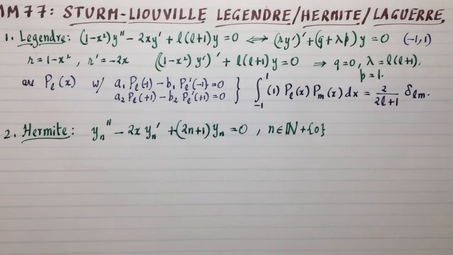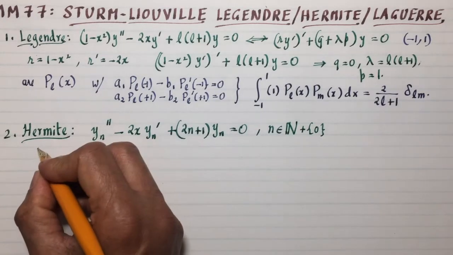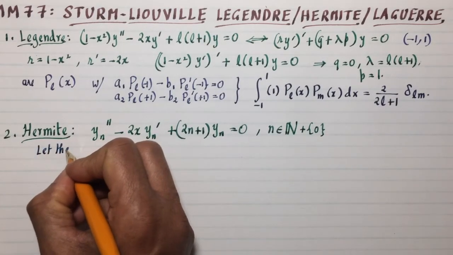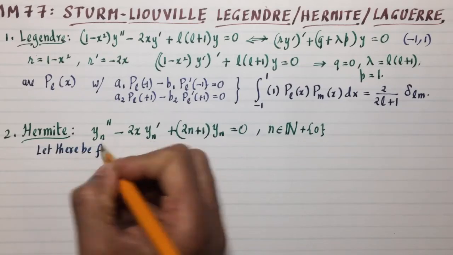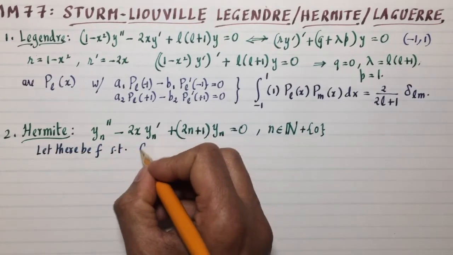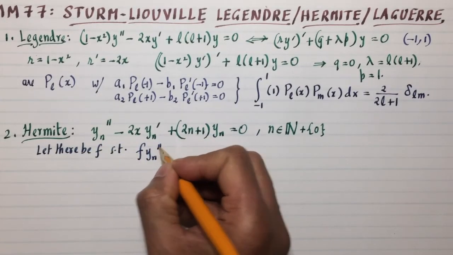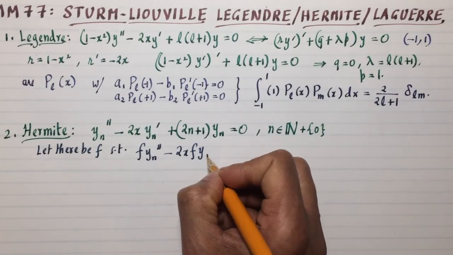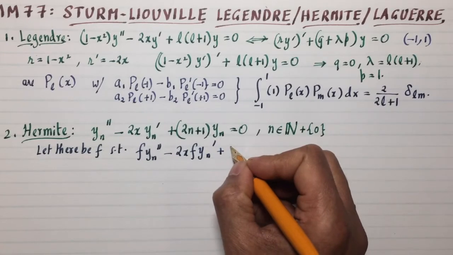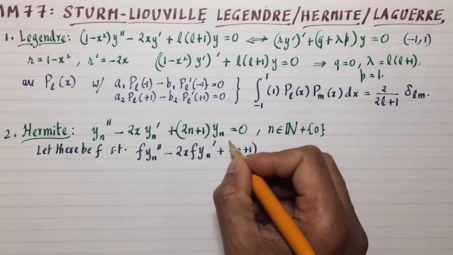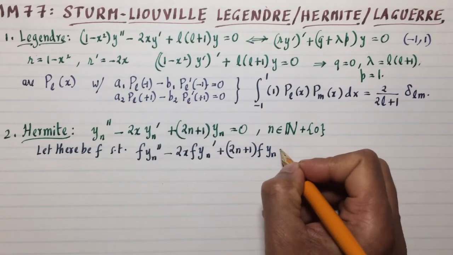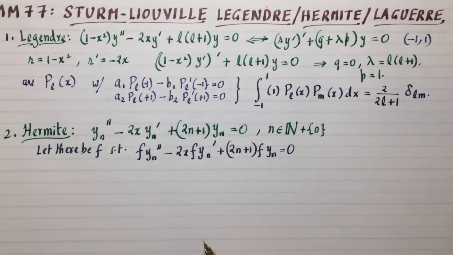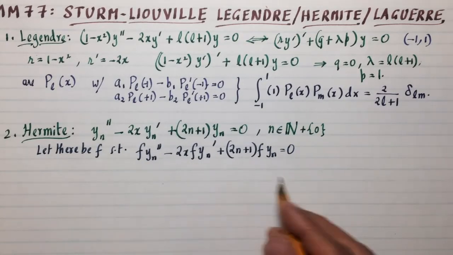So what I'm going to do is say let there be a function f, such that f times y_n double prime minus 2x f y_n prime plus 2n f y_n equal to 0, such that I can beat it into the standard shape.